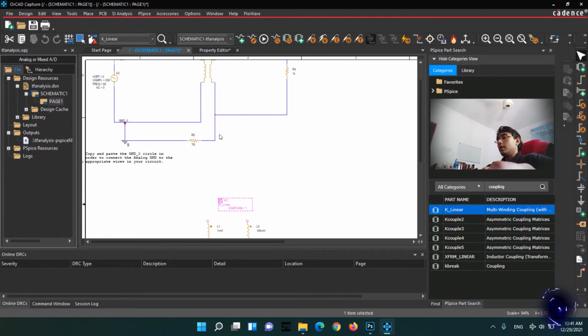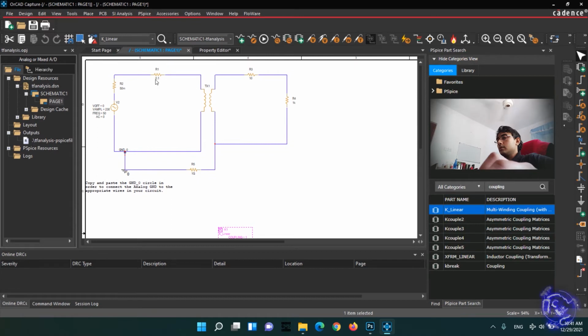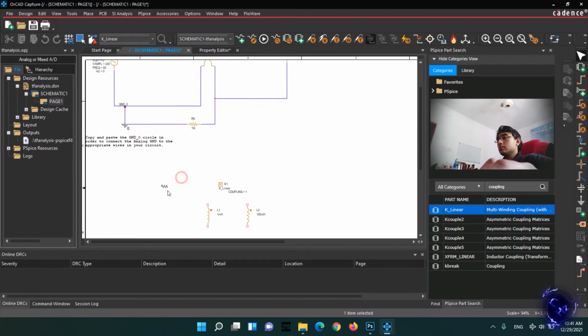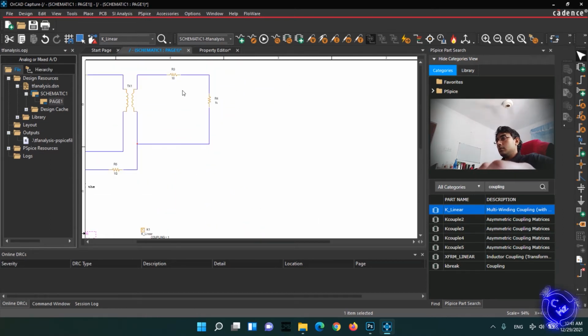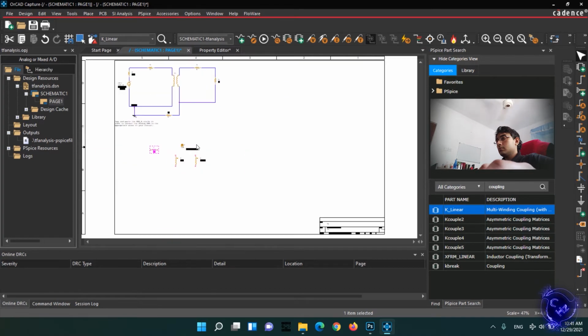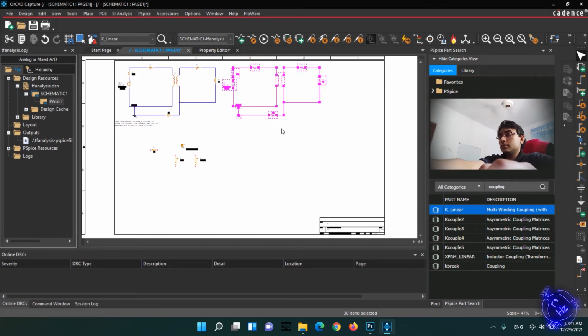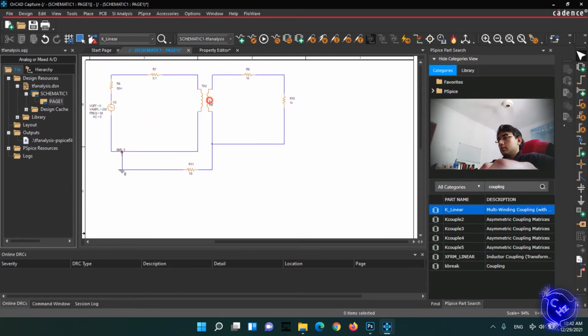So then I have the same winding resistance. I can copy the whole thing and change that winding. I delete this and replace it with my mutually coupled inductor.